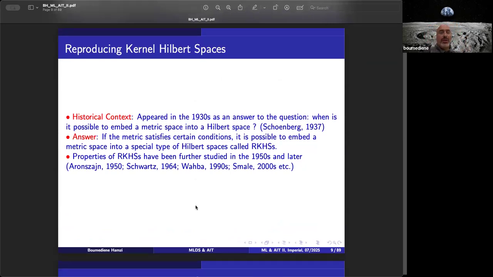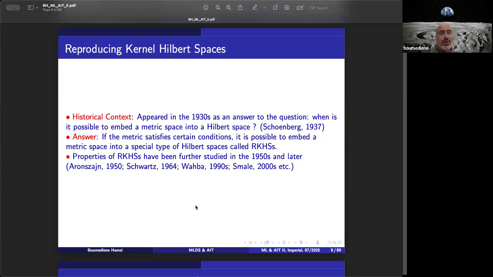Okay, so anyway, this is what Marcus was talking about, but from the point of view of kernel methods. So what are reproducing kernel Hilbert spaces? They appeared in the 30s as an answer to the question: when is it possible to embed a metric space into a Hilbert space? The answer is that if the metric satisfies certain conditions, it is possible to embed a metric space into a special kind of Hilbert spaces that are called reproducing kernel Hilbert spaces.